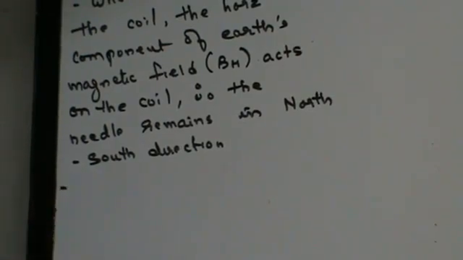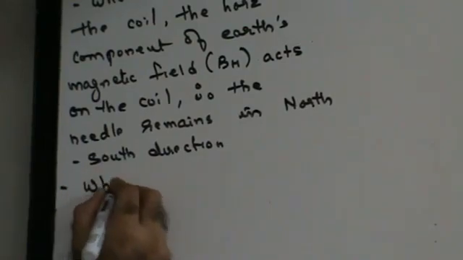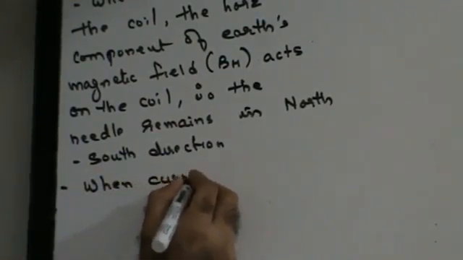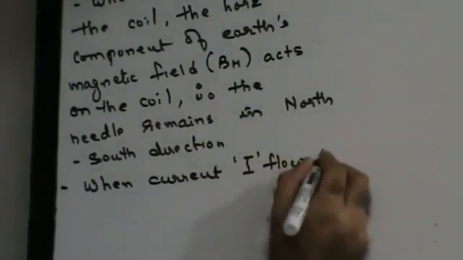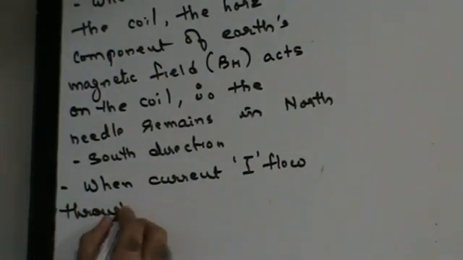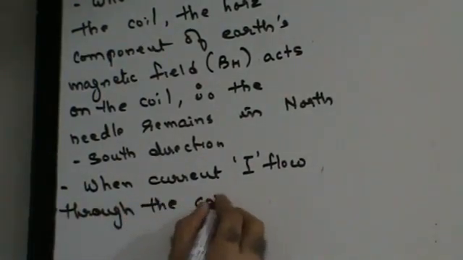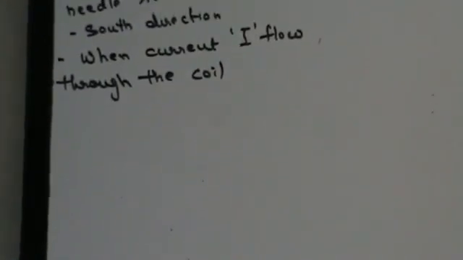Now, when current I flows through the coil, it is going to produce a magnetic field, right?